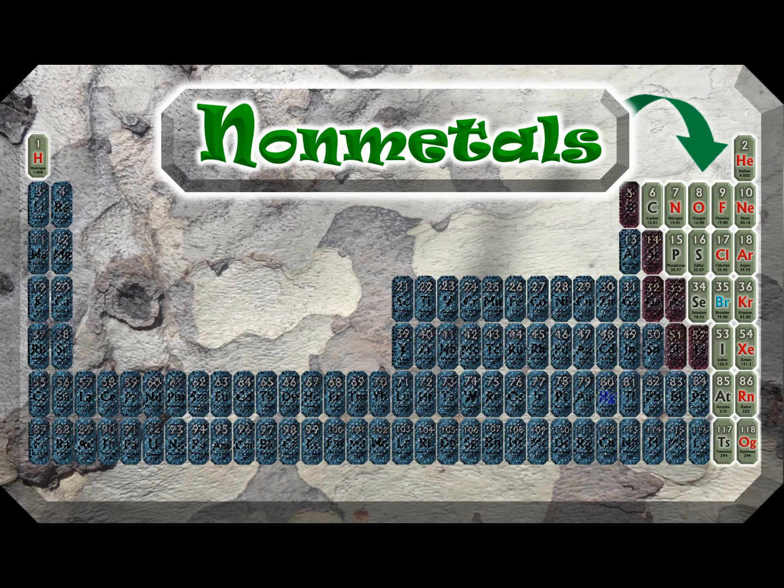And finally, we have the nonmetals, which have essentially none of the properties that metals have, or maybe just a few like carbon, maybe just a couple of the properties metals have. Nonmetals are defined by what they are not. It's kind of a shame they have this name. They should probably have a better name because these are many of the most important elements on the periodic table, and we're defining them by what they're not.